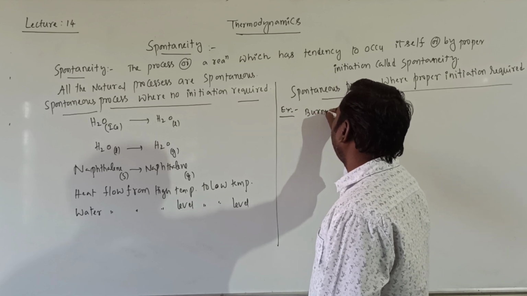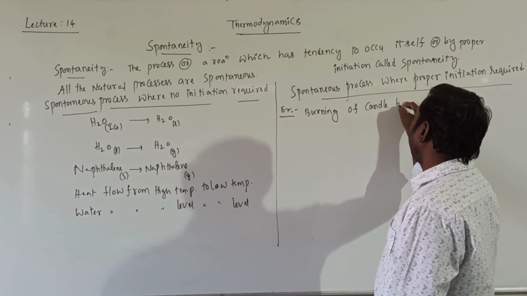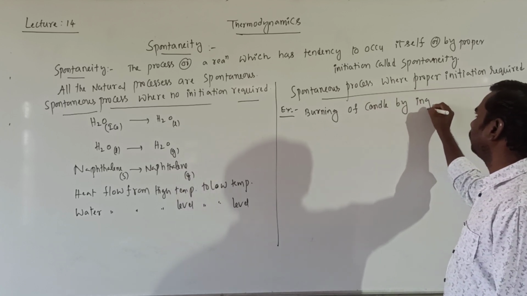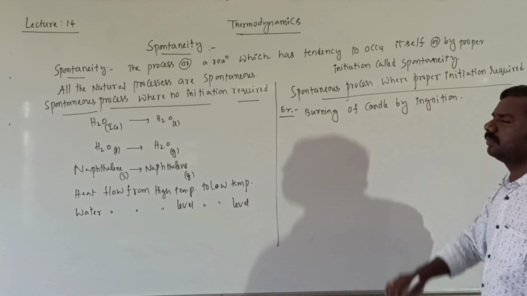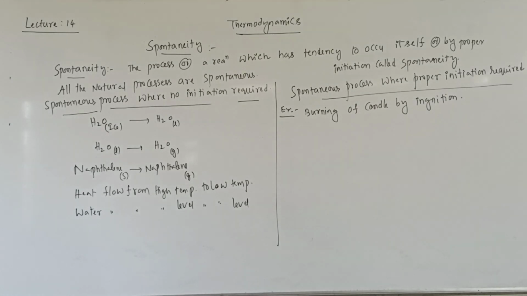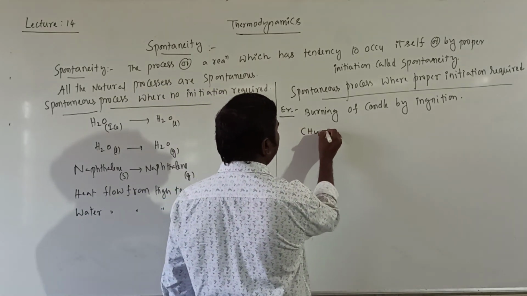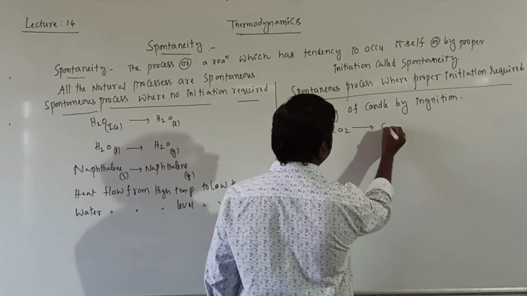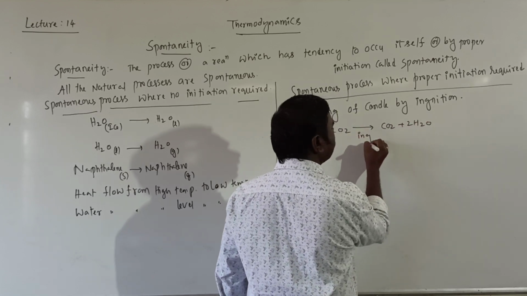Example 1: burning of a candle by ignition, by heating. Next example is methane combustion. CH4 plus 2O2 gives CO2 plus 2H2O by ignition.